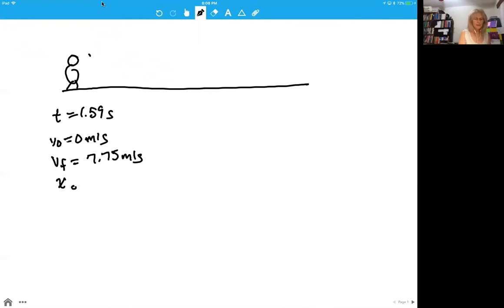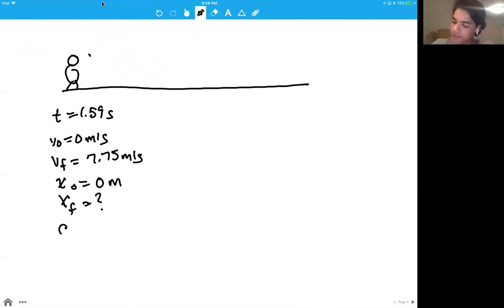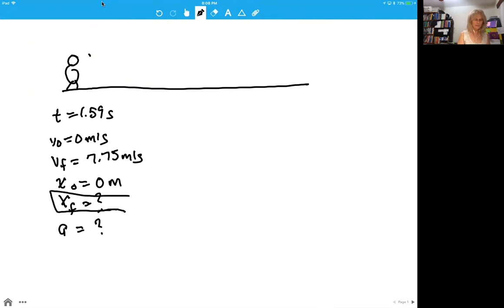We do know x initial is 0, and x final we don't know. And then the acceleration we do not know. And what are we looking for in this problem? We are looking for the distance. Perfect.